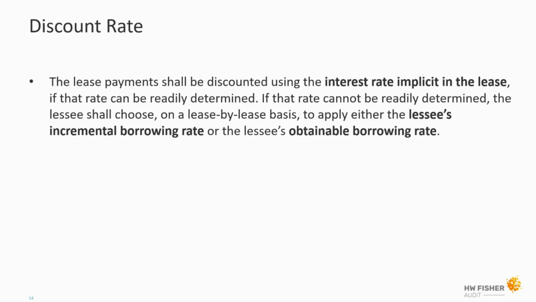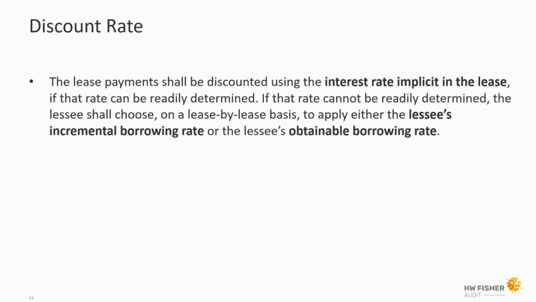The discount rate, this is an area where FRS 102 have probably looked to create a little bit more ease than IFRS when they introduced it. The discount rate should be the interest rate implicit in that lease. Now, the implicit rate can be quite difficult to calculate, and can require the use of experts, as it's very specific to that asset.